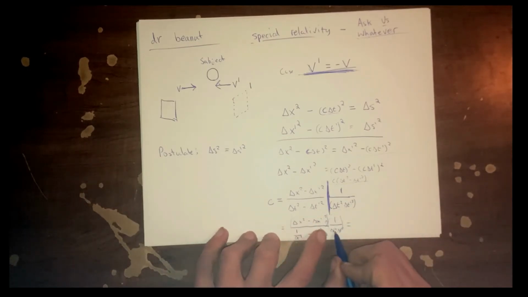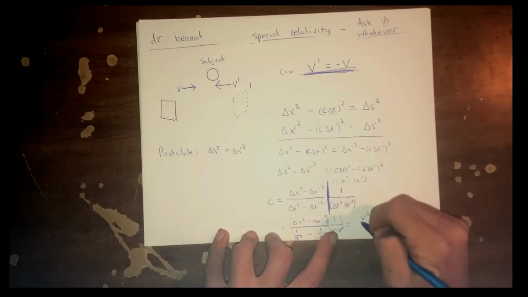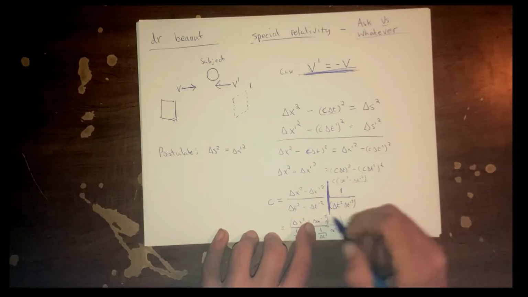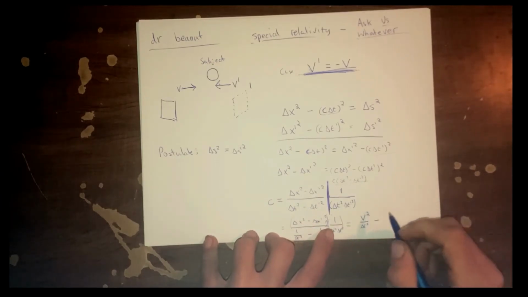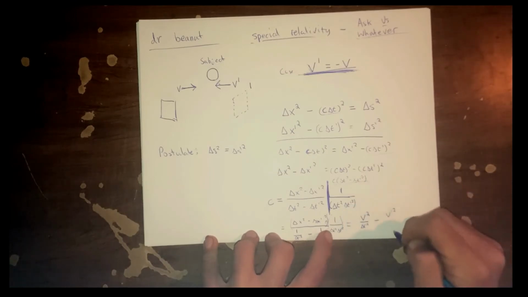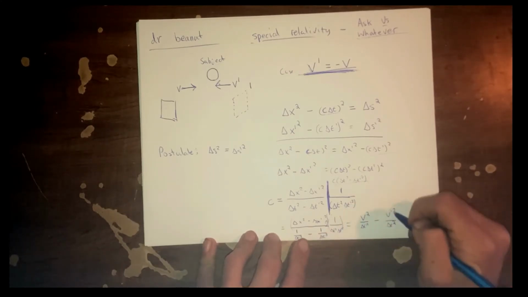Delta x squared divided by delta t squared is v squared, but then nothing cancels the delta t prime squared, so we get v squared delta t prime squared, minus v prime squared delta t squared.